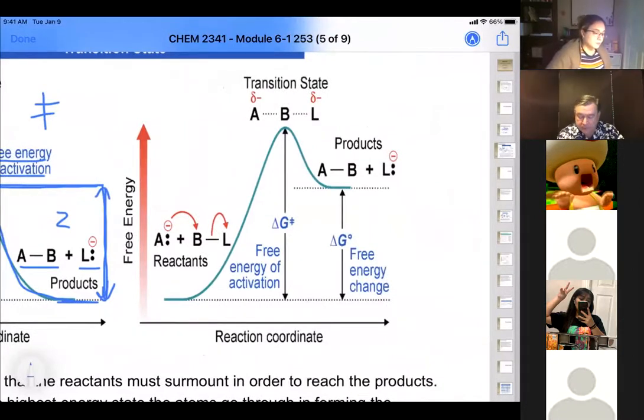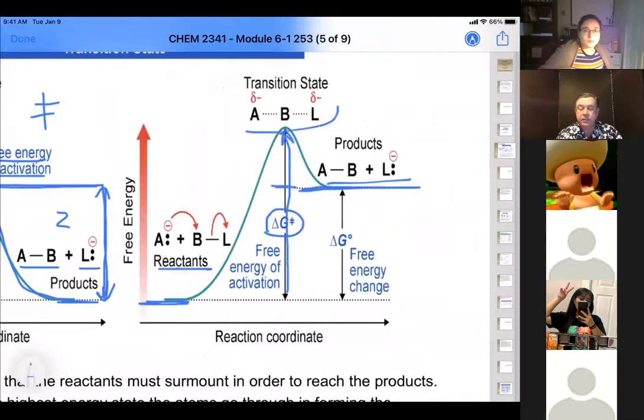We have two reactants to start with. We have two products, so our entropy is 0. We have the potential energy or the Gibbs free energy of the products higher than the starting materials. And look at our activation energy. We have to put so much energy into this system because number one, we have to get to this transition state.